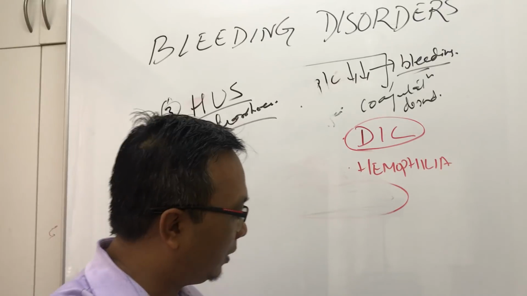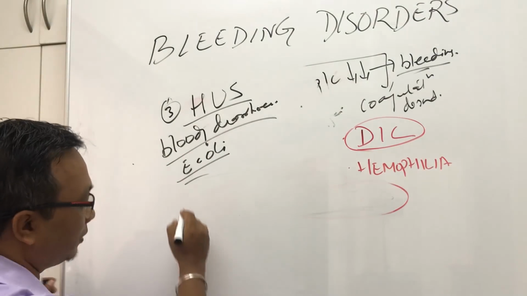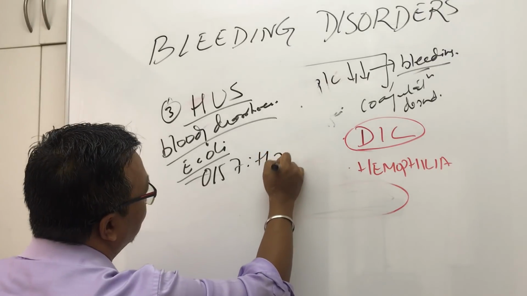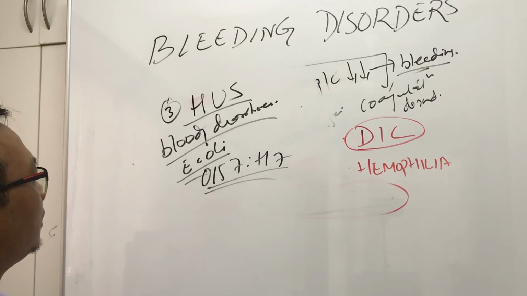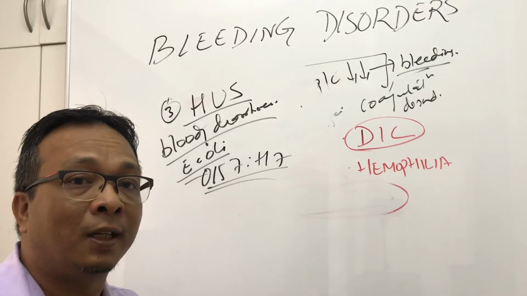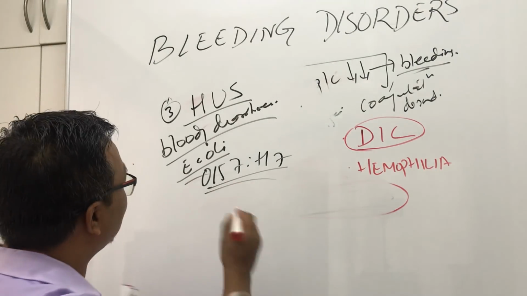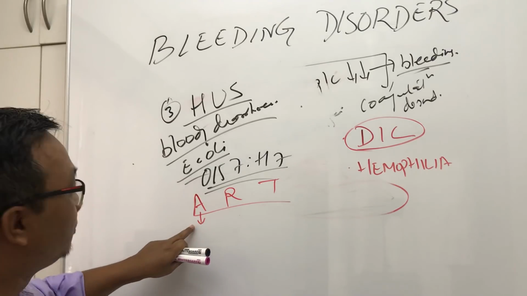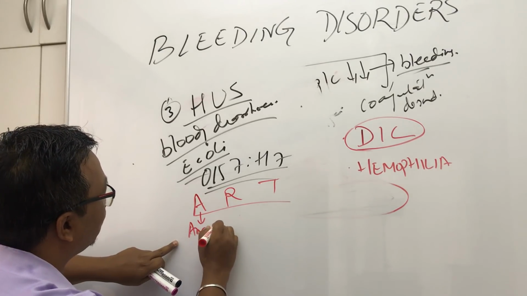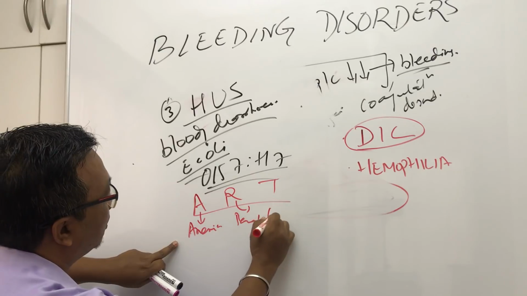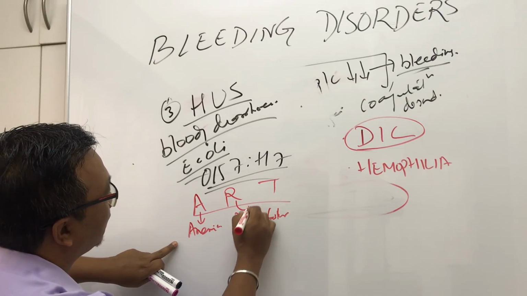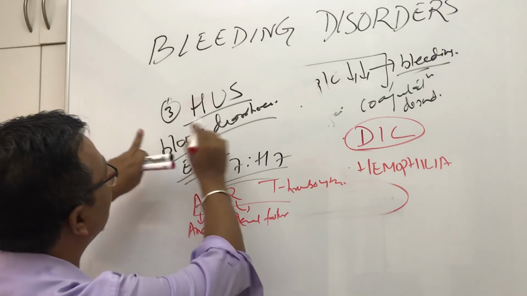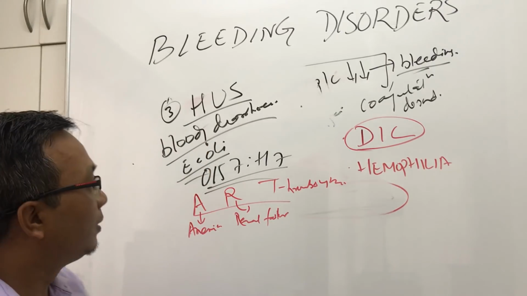The most common strain of E. coli that causes HUS is O157:H7. This is the strain that causes bloody diarrhea, and along with that, the same ART is found: anemia-like findings, renal failure, that is, the kidneys are affected, and thrombocytopenia. So these are found in HUS, hemolytic uremic syndrome, right?